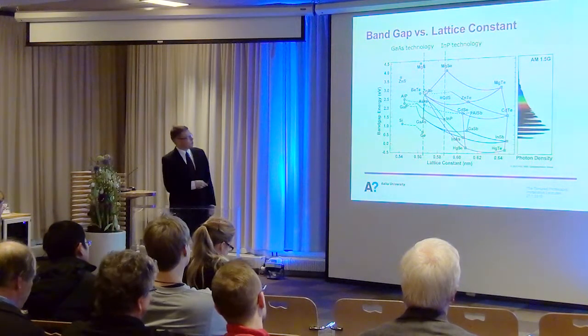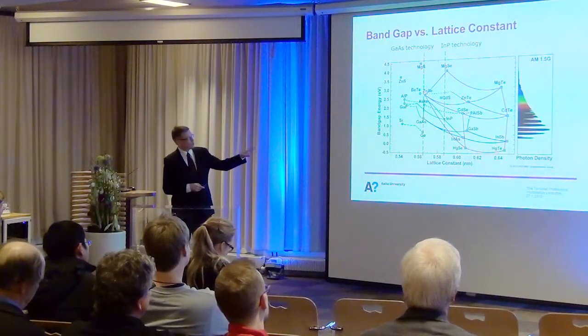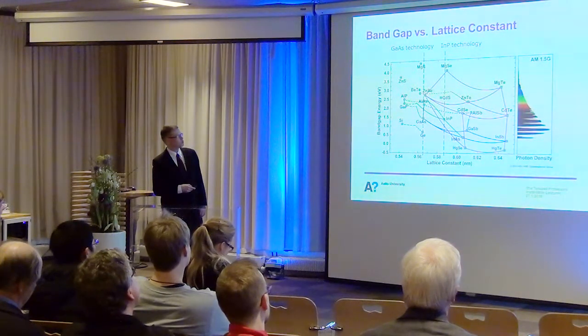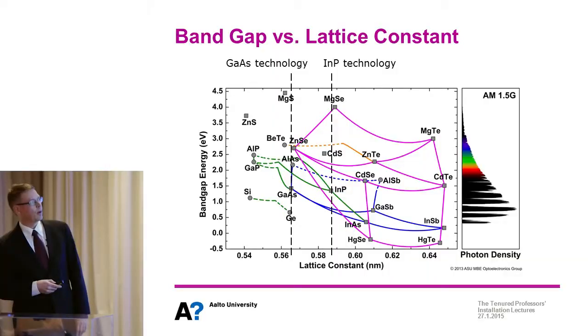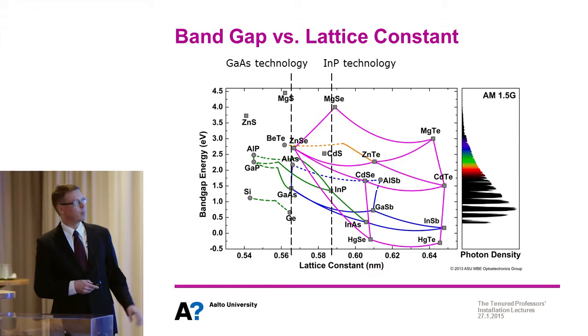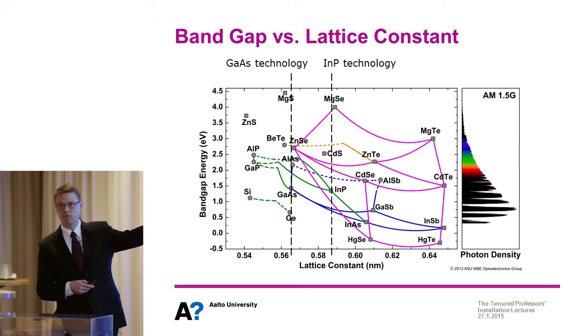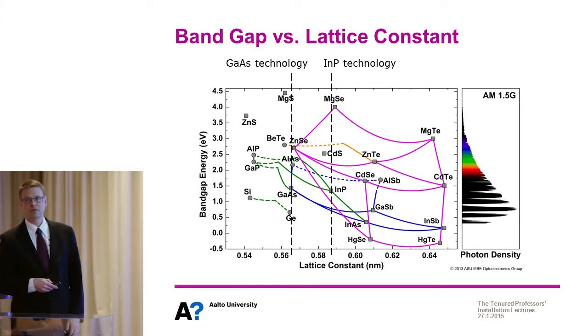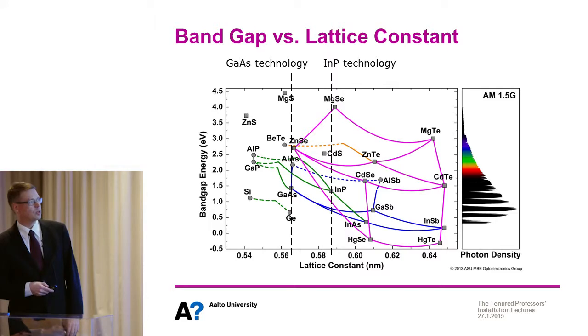Those colors, green and blue, define 3-5 compounds, and as we can see, there are actually very few 3-5 compounds in the visible area. They are more concentrated in the infrared spectrum, but the sun's spectrum is also concentrated mostly there.